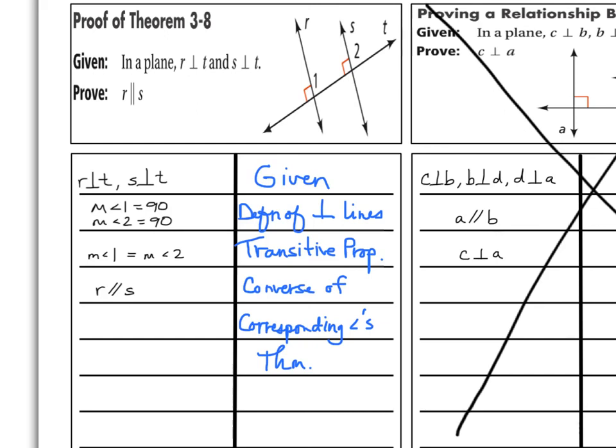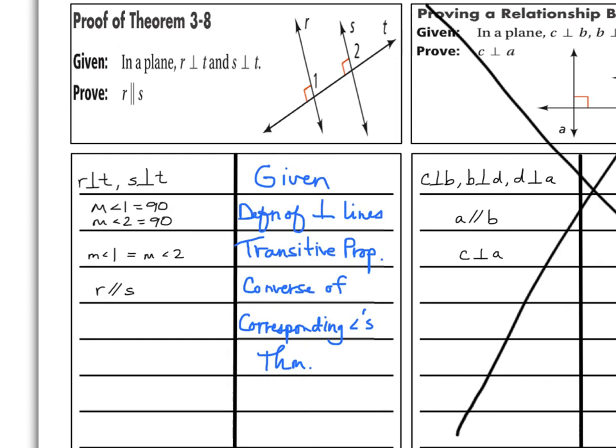And you can't say, like example number 3 up here, that these are corresponding because you don't know that the lines are parallel. In order for corresponding angles to be congruent, you have to know that the lines are parallel first. We're trying to prove that the lines are parallel, so we don't know that those lines are parallel yet.